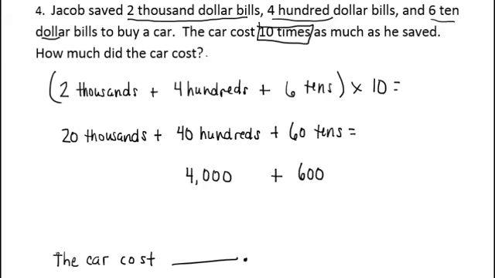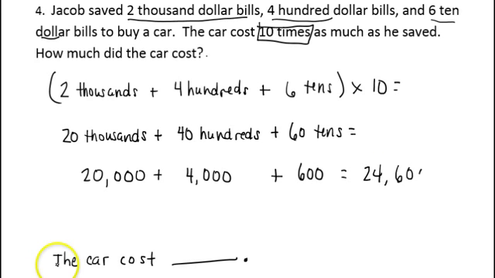I have 40, so I have 4,000. 20 thousands can just be written in standard form as 20,000. Now let's combine our three answers. 20,000 plus 4,000 plus 600 would equal 24,600. That means that the price of the car is $24,600.